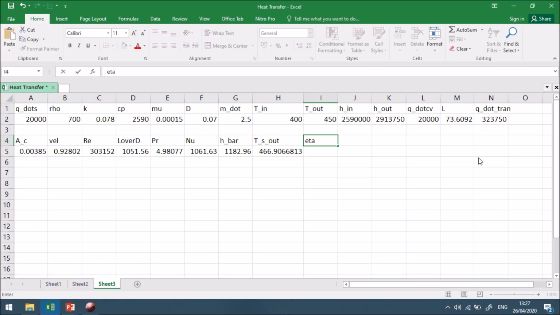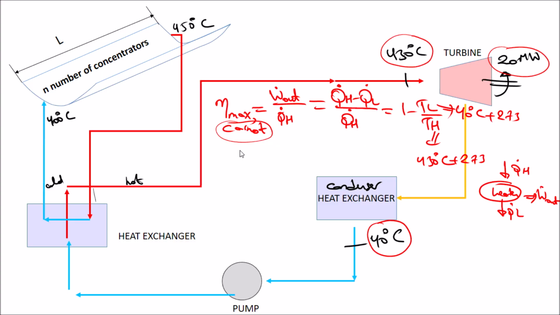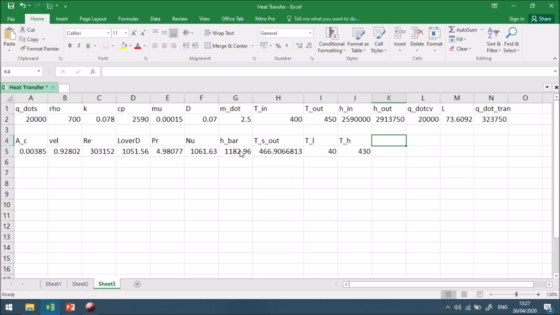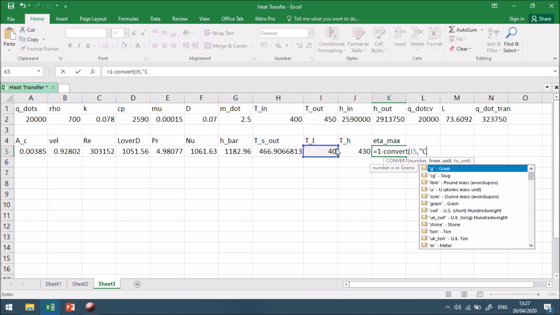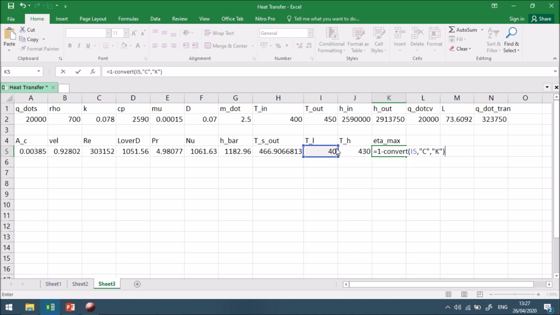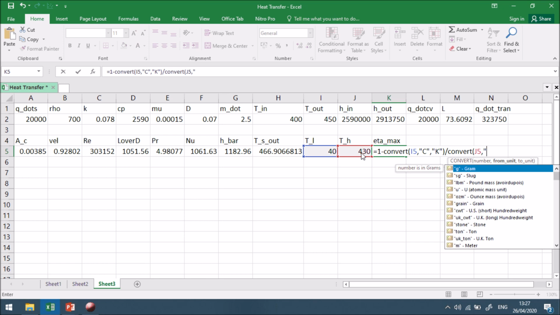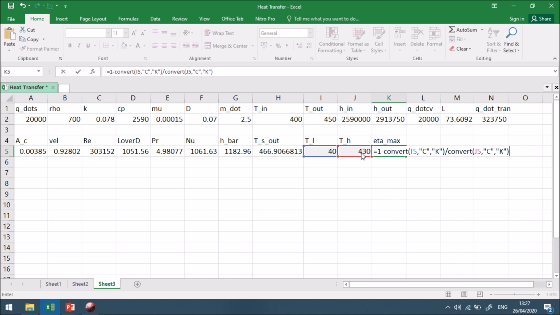Eta max will be equal to 1 minus TL converted from Celsius to Kelvin, divided by TH converted from Celsius to Kelvin. The efficiency is 55%.